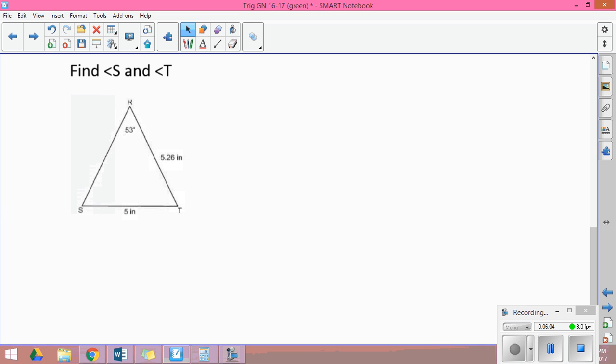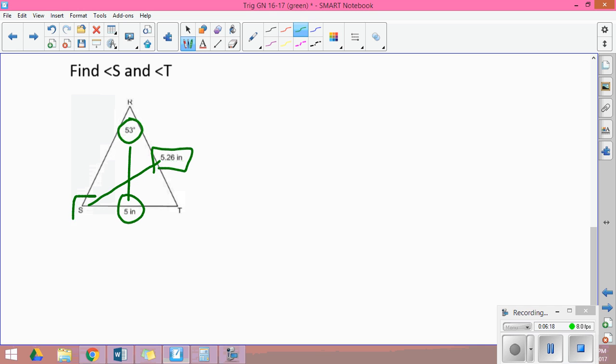So in this scenario, we are going to figure out where we have to start. Sometimes you can start anywhere, but in this case, we only have one choice. This is our given. We know this side, it matches with this angle. We don't know enough about t because we don't know anything over here to find t to start with. So the first thing we're going to find is s.